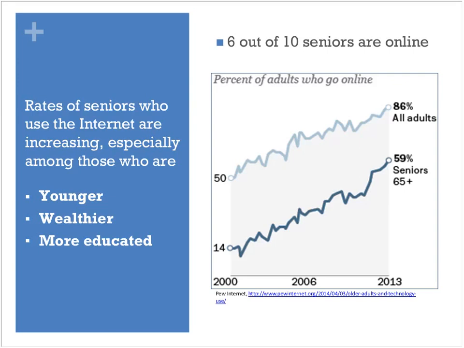You've been working hard. You can see that seniors as a group have not adopted the Internet to the same degree as all adults, but the gap is closing. Use of the Internet is increasing, especially among seniors who are younger, wealthier, and more educated. However, if 6 out of 10 are going online, that means 4 out of 10 are not.